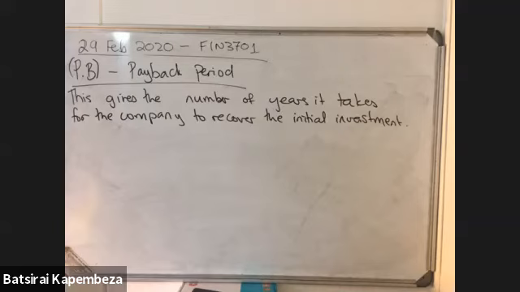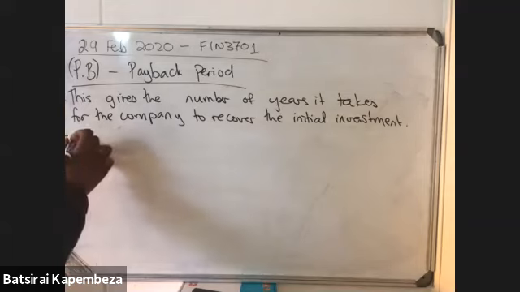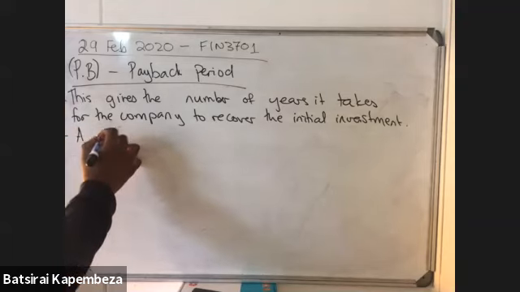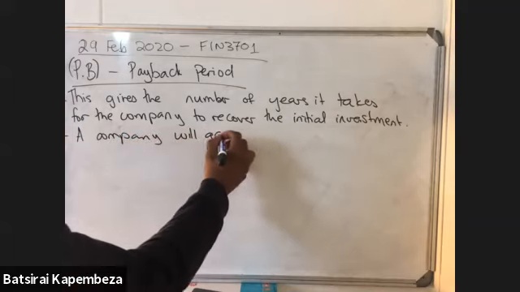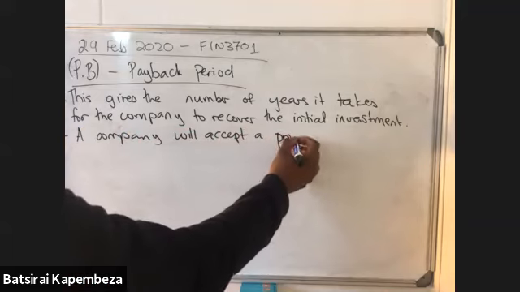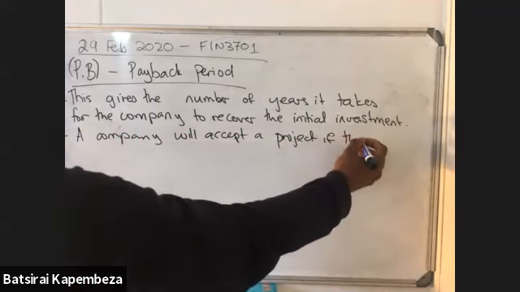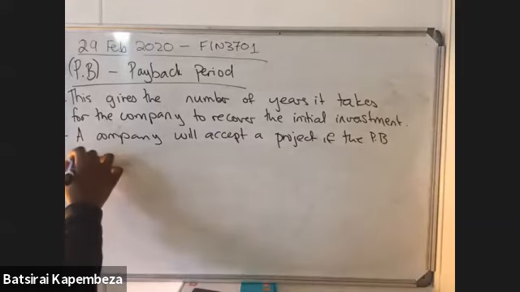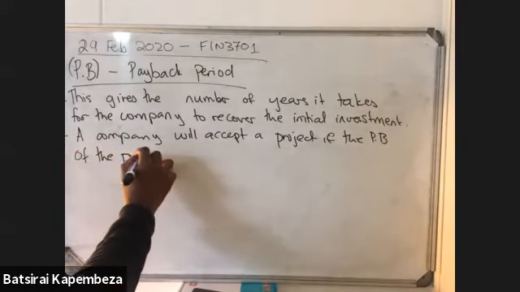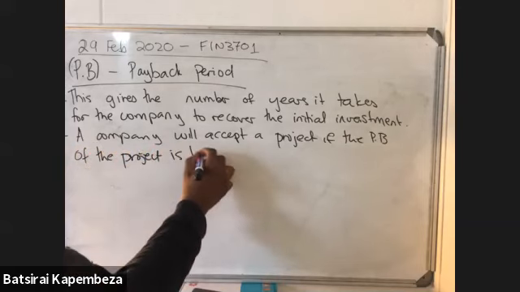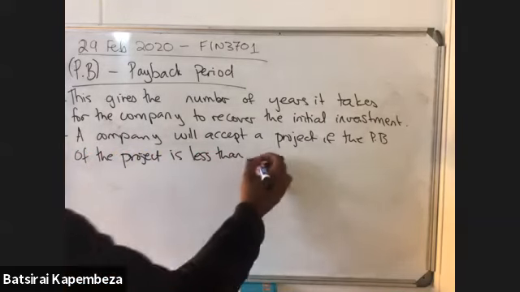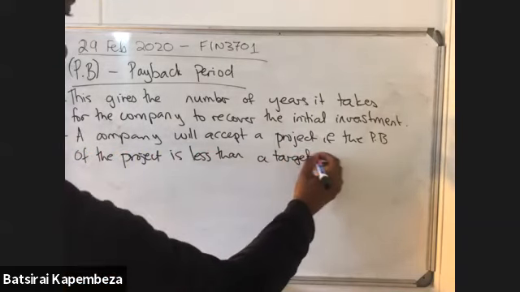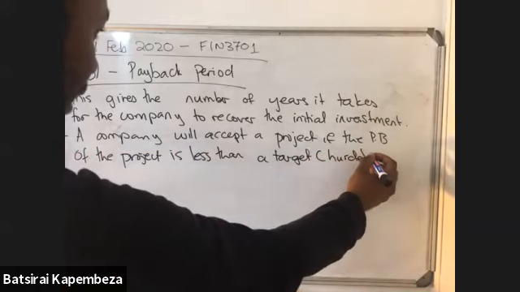And the way a company makes decisions based on the payback: a company, or any organization, will accept a project if the payback of the project is less than a target, or a hurdle payback.